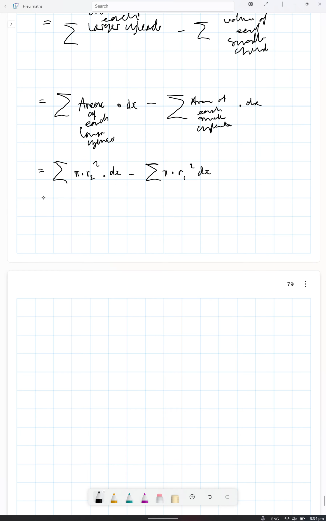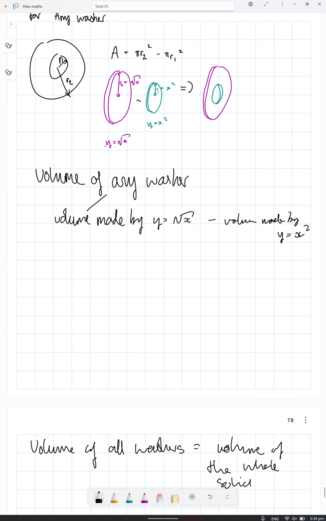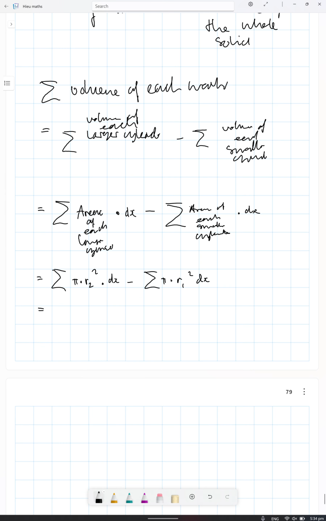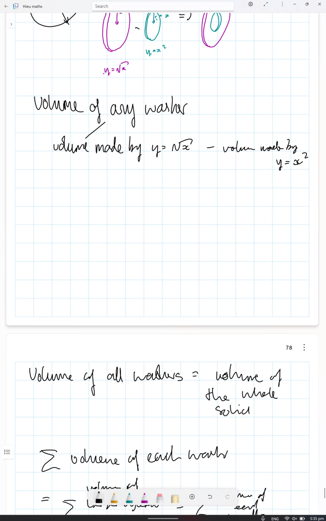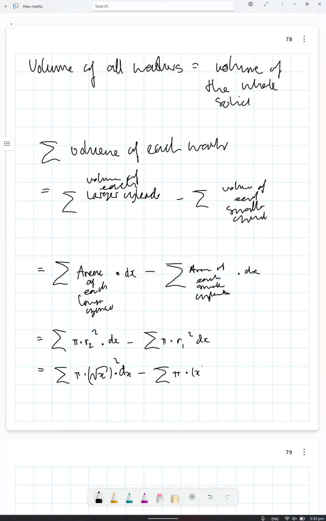And r2 is given by root x. So therefore, the summation of pi times root x all squared dx, minus the summation of pi multiplied by r1, which is x squared, x squared squared, multiplied by dx.